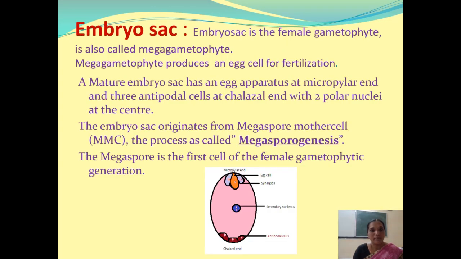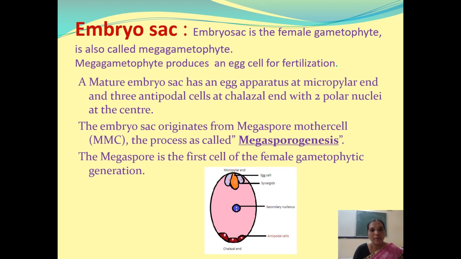Embryo sac. What is embryo sac? Embryo sac is the female gametophyte. It is also called megagametophyte. Megagametophyte produces an egg cell for fertilization.